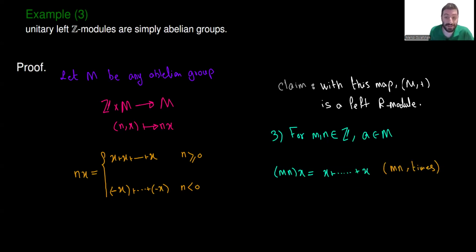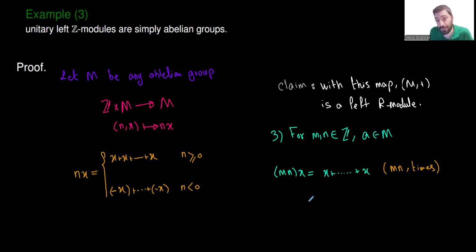So what's the trick we can use? It's easy. We are doing x plus x, n times, plus x plus x again n times, and so on.